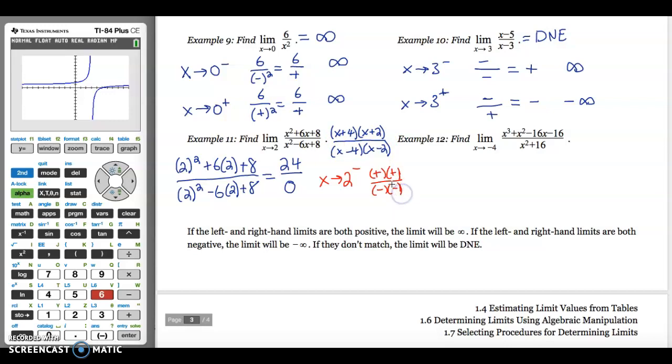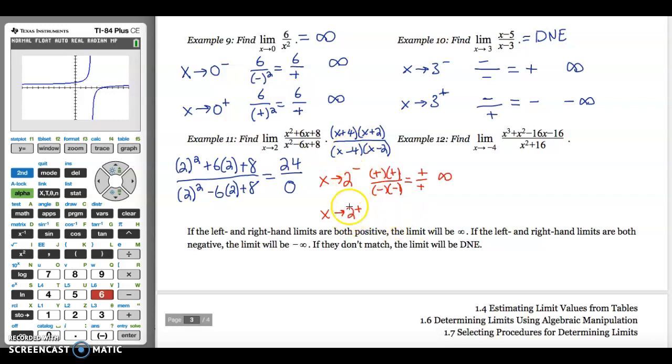And so then I end up with positive times a positive over a negative times a negative. So you'd end up with positive over positive, which would give me infinity. And then let's see down here, x approaching 2 from the right-hand side.